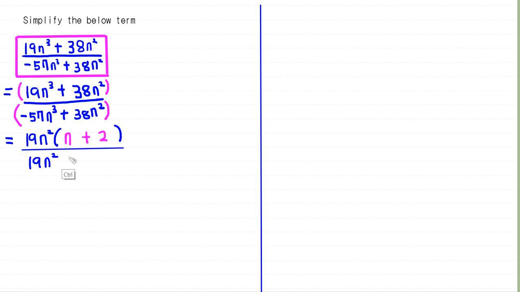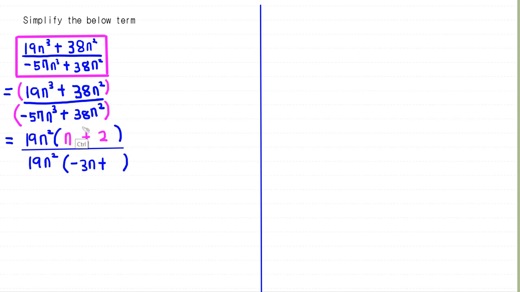So 19n squared, parenthesis, negative 57 times n to the third power divided by 19 times n squared is equal to negative 3n, plus this term divided by this term, which is just going to be equal to 2.